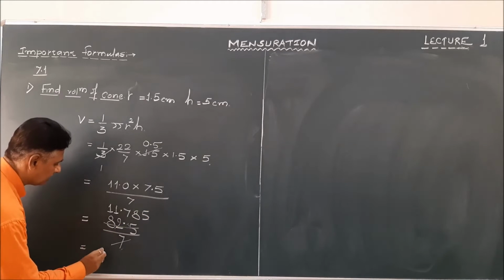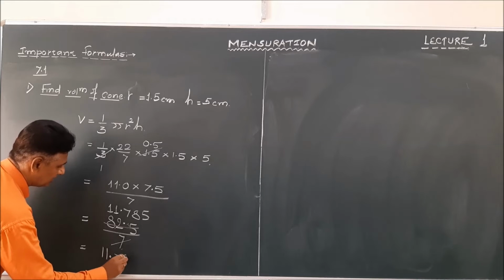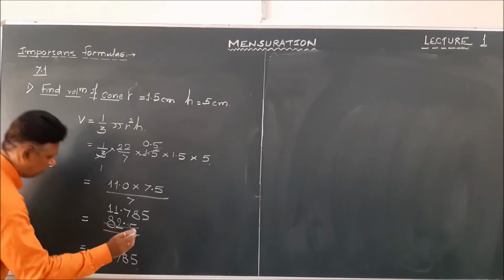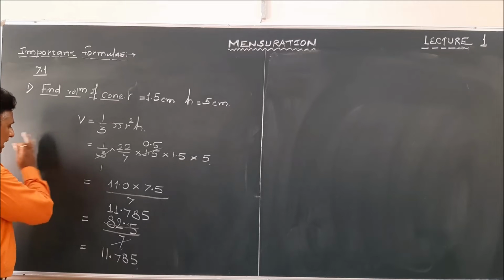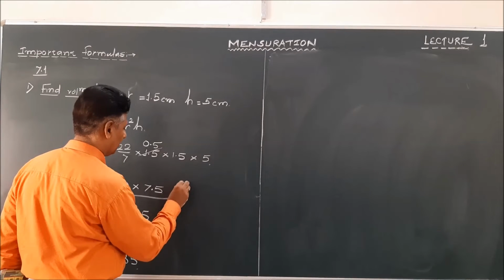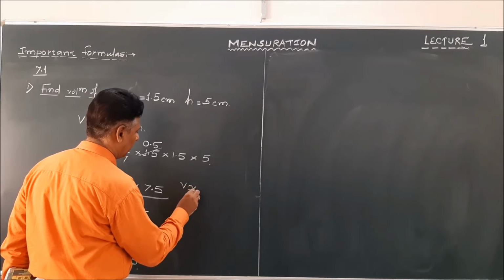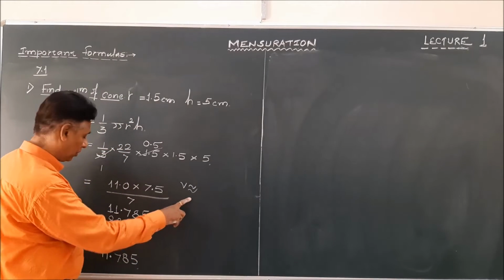So it is 11.785. When I have to round it up to 2 decimal places, I can say it is approximately. This is the sign for approximation.